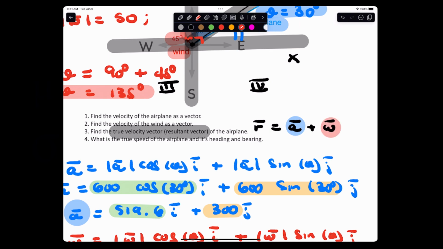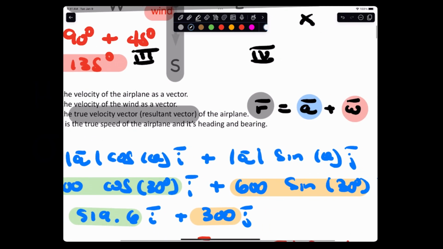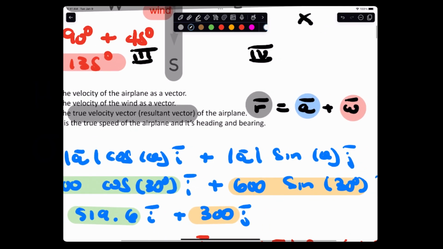And there you go. Easy peasy, lemon squeezy. The resultant vector is A plus what? W. It's your vector sum.